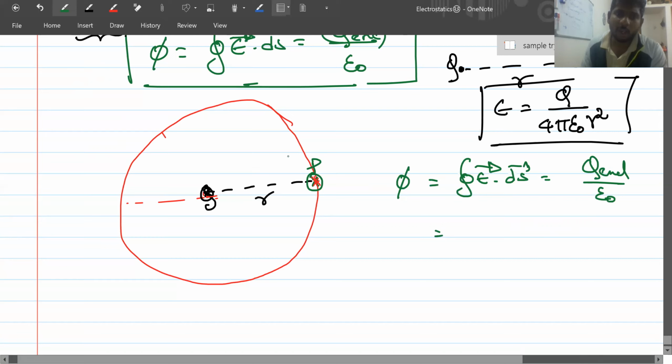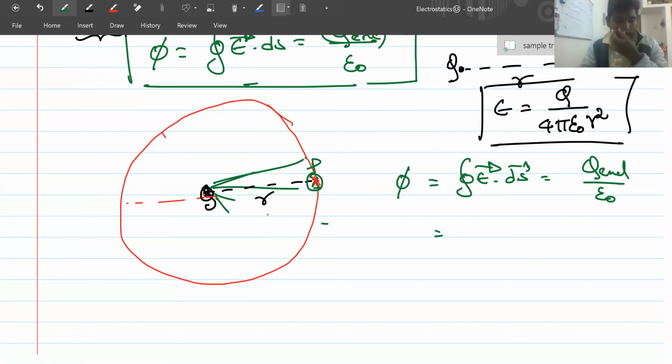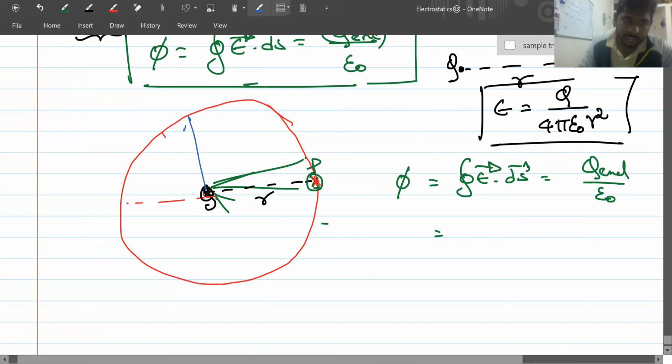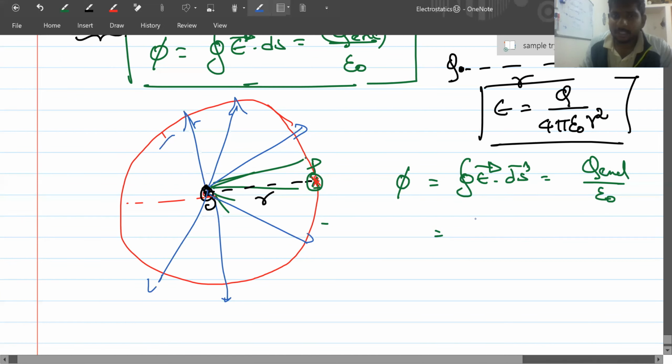So if we integrate every surface area with electric field, if you can see, it is like a sphere, and all the lines will be passing through it like this. Every line is passing perpendicular to this surface.